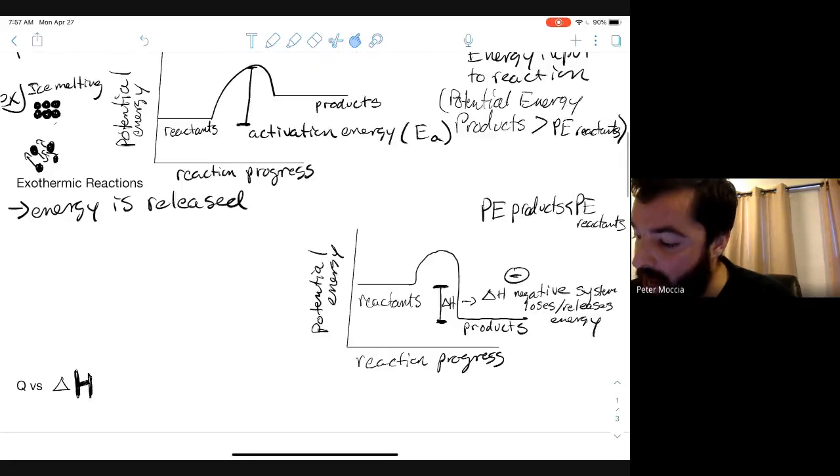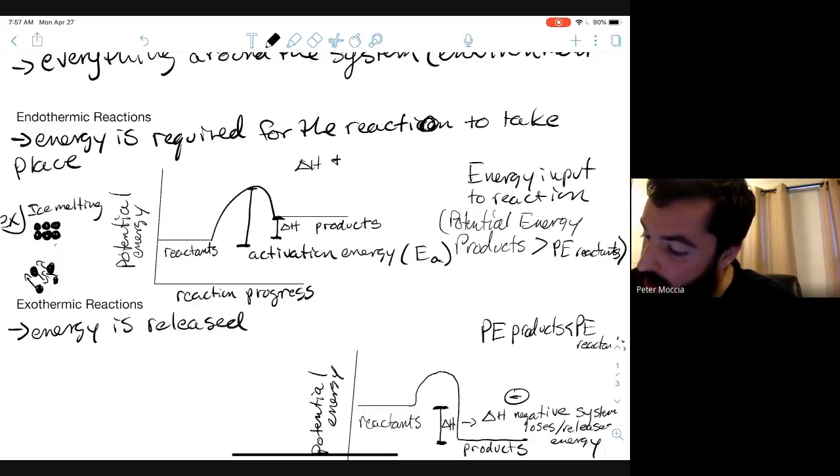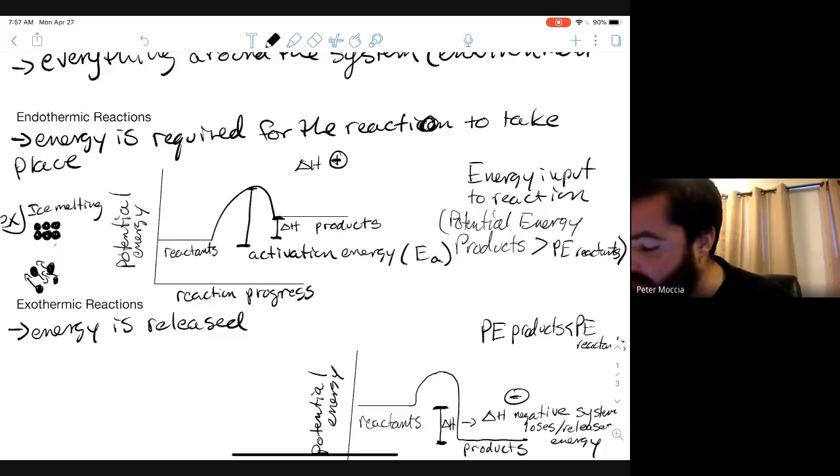Okay, if we go back to our endothermic reaction, we had, so this is the activation energy here, but right here, the difference between the products and the reactants, delta H right here. In this case, delta H is positive because the system gained energy.